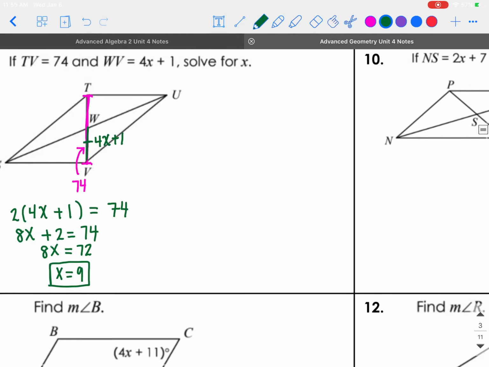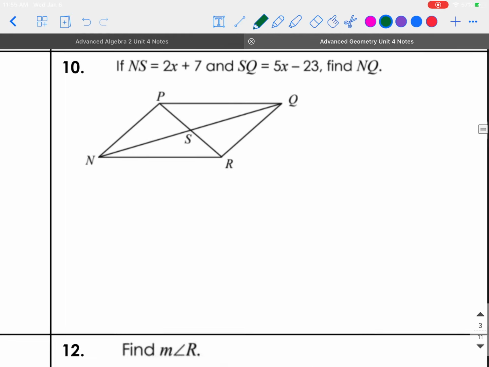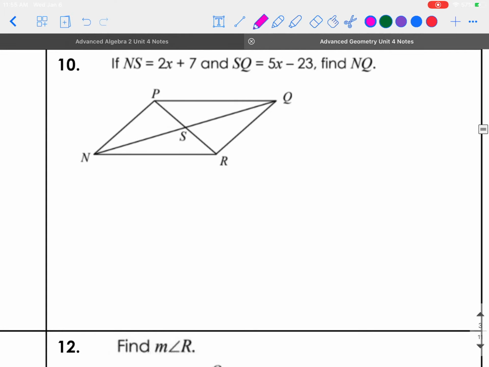Okay, let's move on. Number 10. It gave us NS is 2x plus 7 and SQ is 5x minus 23.